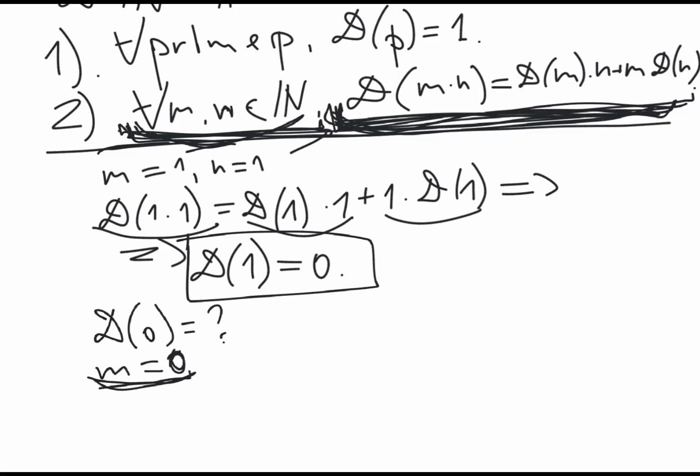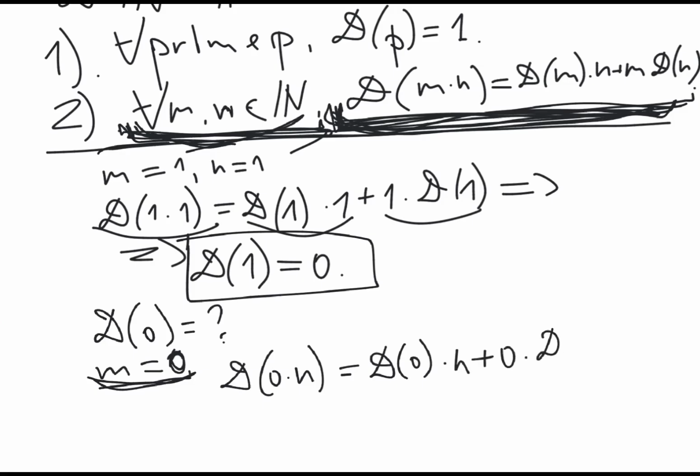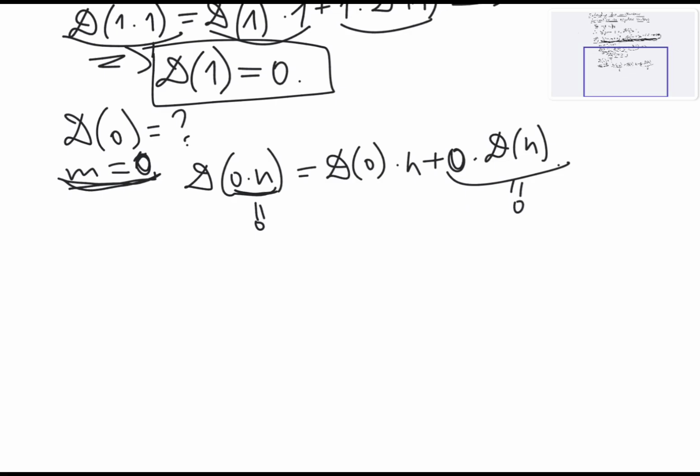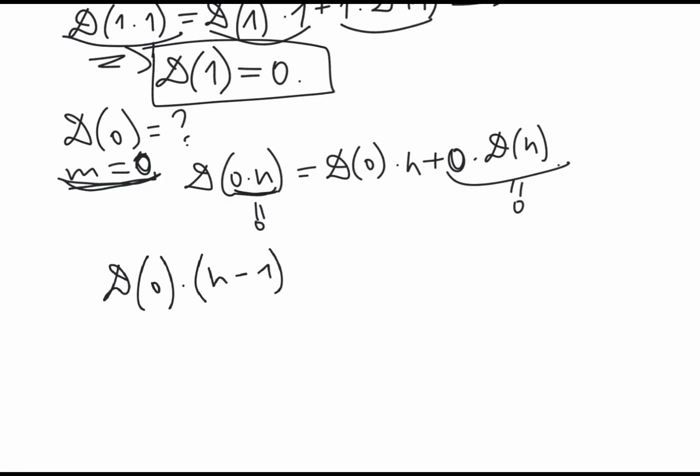So when we set m to 0, we get d of 0 multiplied by n is equal to d of 0 multiplied by n plus 0 multiplied by d of n. This is 0 because 0 multiplied by something inside the argument is 0. So what we get is d of 0 multiplied by n minus 1, right? When we move this term to the right hand side, is equal to 0.